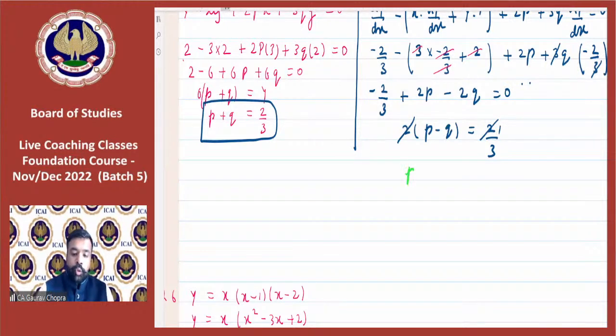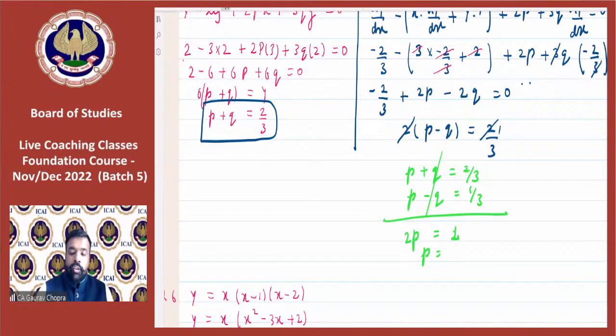So p plus q is 2 by 3. p minus q is 1 by 3. We can add them. So 2p is equal to 1. So value of p becomes half. p is half. And what about q? It will be 2 by 3 minus half.